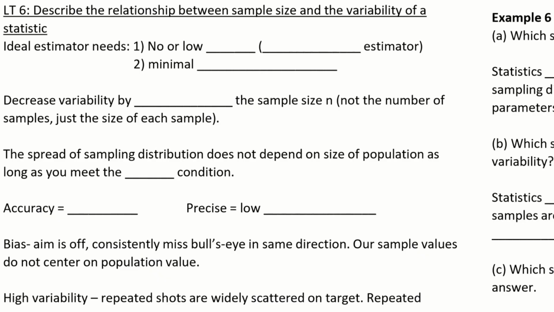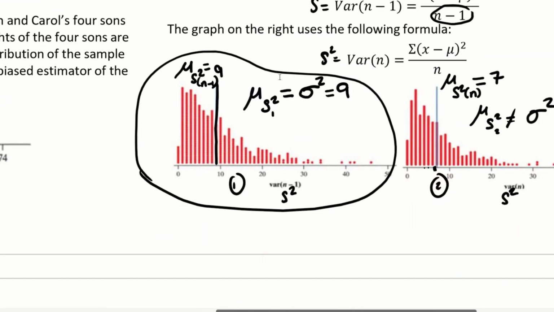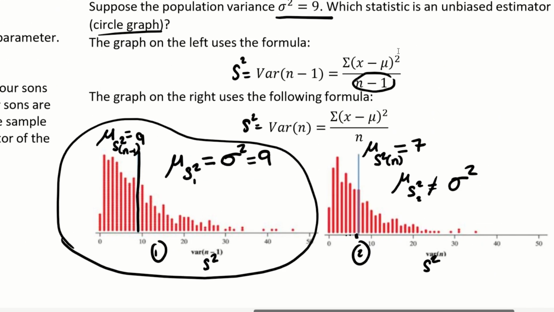In other words, it has to be an unbiased estimator. This is why we need to understand what unbiased estimator means. This is why the formula for S squared has an n minus 1 on the bottom instead of an n, because we want to make sure that it is as unbiased as possible.